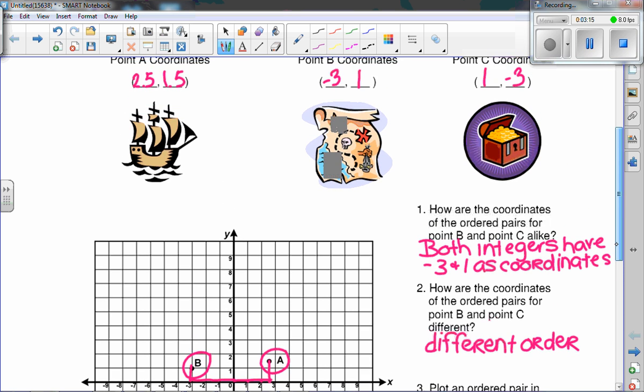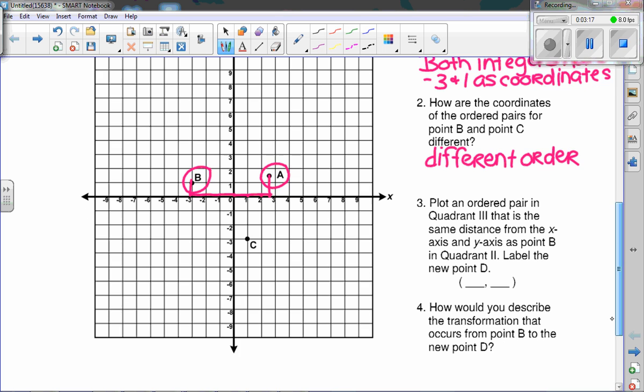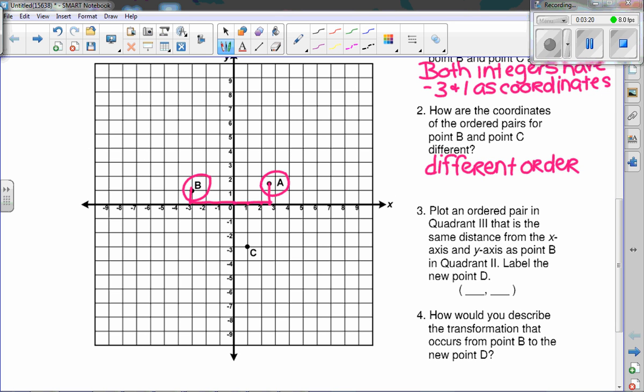On to number 3. Plot an ordered pair in quadrant 3 that is the same distance from the x-axis and y-axis as point B in quadrant 2. Label the new point D. So take a second and label your quadrants. We use Roman numerals to label our quadrants.